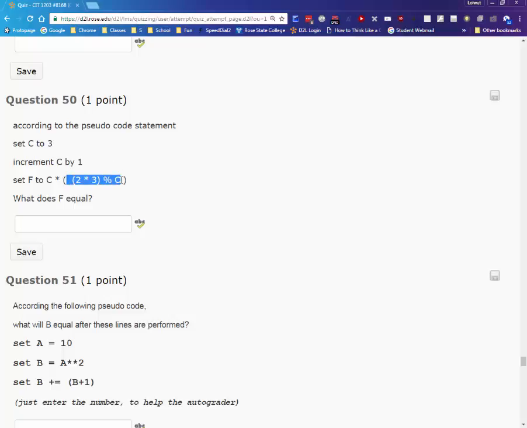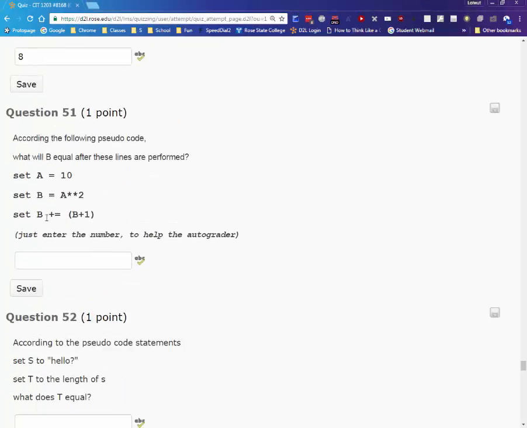So all of this is 2. And then C, which equaled 4, so that's 2 times 4 is 8. That one didn't rely on a compound operator, so I'm not going to offer credit back on that one.